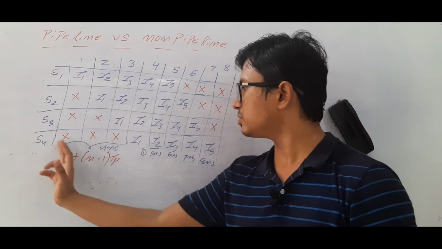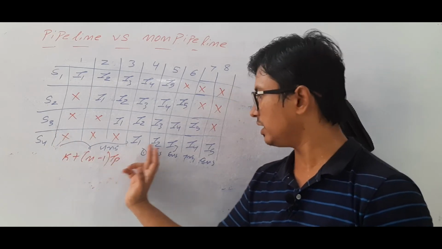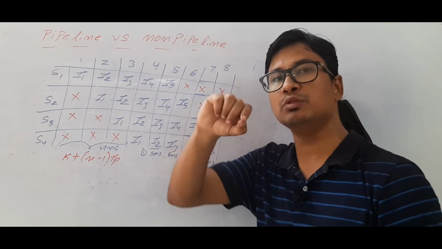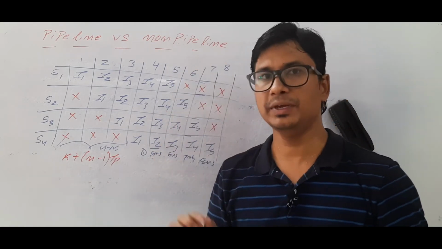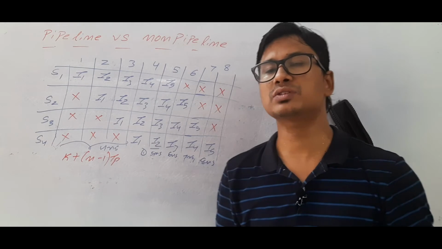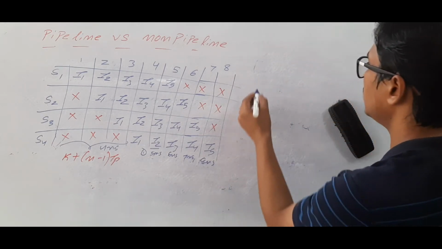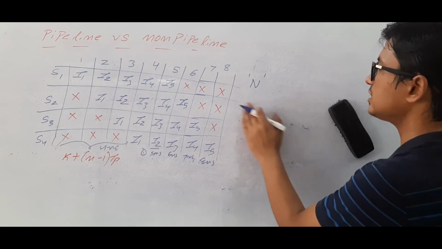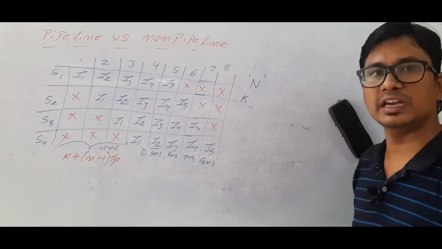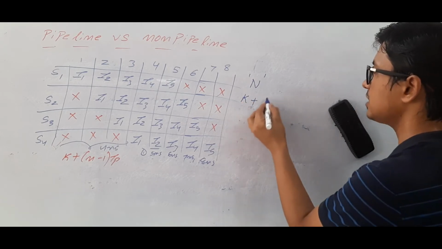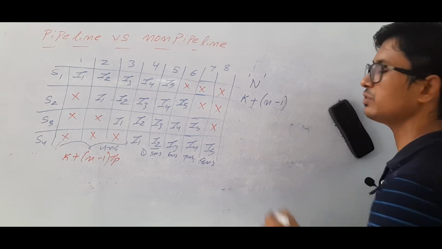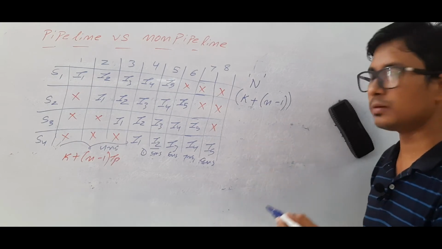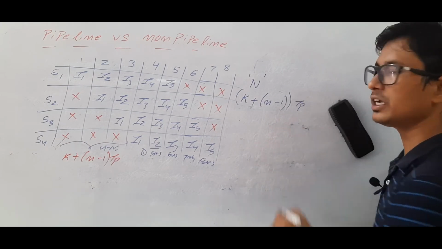In 4 nanoseconds we have completed instruction 1, and the next n minus 1 instructions we have completed with 1 nanosecond each. Meaning that n minus 1 nanoseconds I have taken. So if you have n instructions, one instruction will take k nanoseconds plus n minus 1 instructions will take 1 nanosecond each, or in general terms, each one will take Tp.